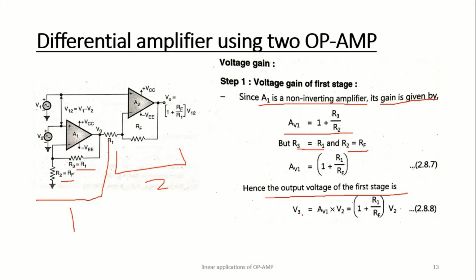So the equation of V3 is written as the gain times the input signal, AV1 into V2, and the value of AV1 is 1 plus R1 by RF, into V2. This is the output voltage of stage number 1.